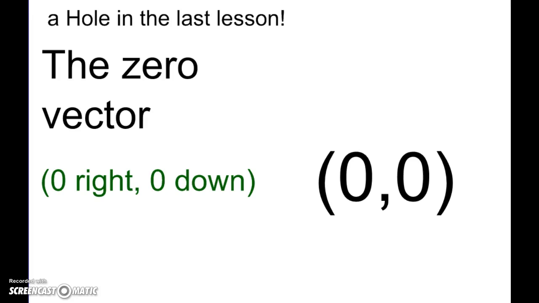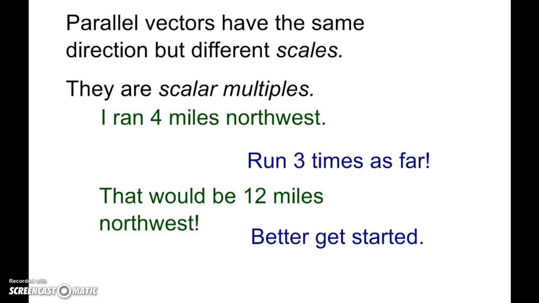That's what the zero vector looks like in component form. 0 right, 0 down. That's what it is. So here it is. Parallel vectors have the same direction for different scales. So that's called being a scalar multiple. That's why they use the word scalar instead of some other word.